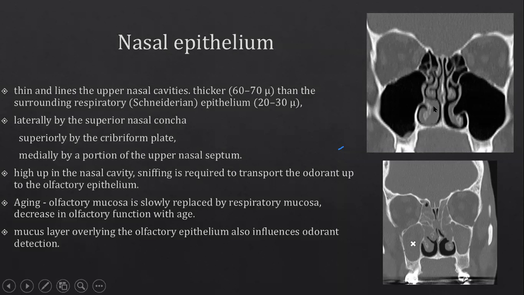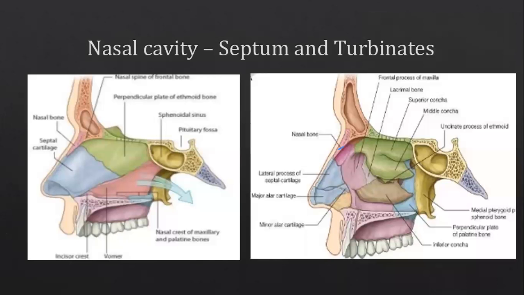And hence, if you have got sinonasal inflammatory disease, the mucus production is excessive, and any excessive mucus is going to impede transmission of the anions and cations, which will have to embed themselves to generate impulses from the olfactory epithelium. So it's important to realize the slight differences in the epithelial anatomy.